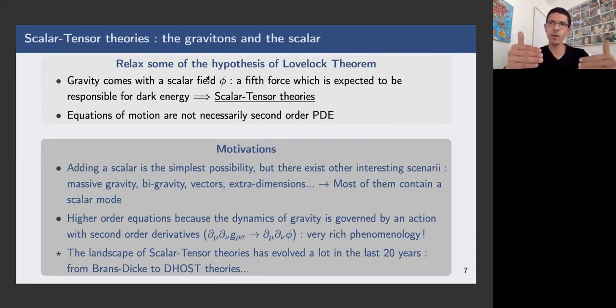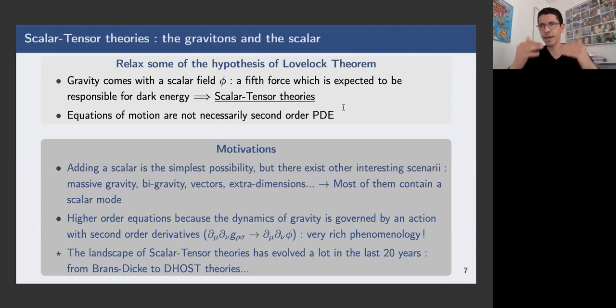So here, we assume that gravity comes with an external field, a scalar field, phi, which will be responsible for the fifth force if we consider this modification of general relativity as a candidate to explain dark energy and the acceleration of the expansion of the universe. So we consider these theories where gravity comes with a field. We call them scalar tensor theories for obvious reasons.